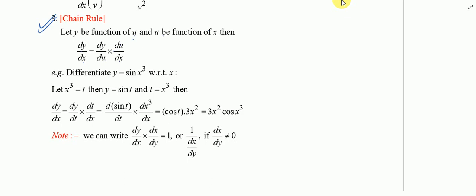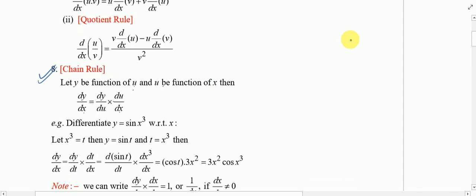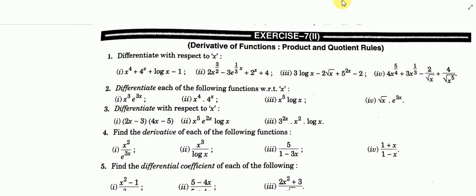So let us do a few questions from 7.2. Before we do this, I want to tell you one thing: you should start on the first page, and give the heading as chapter 7 differentiation.